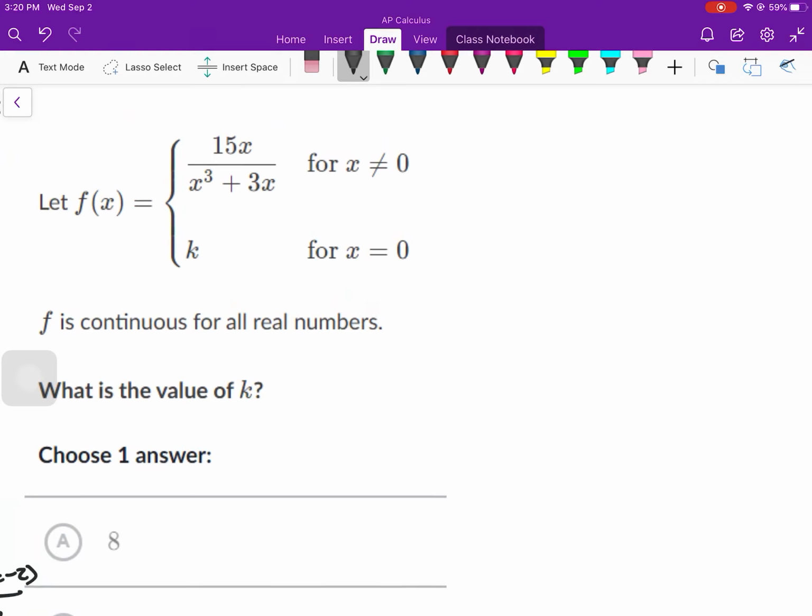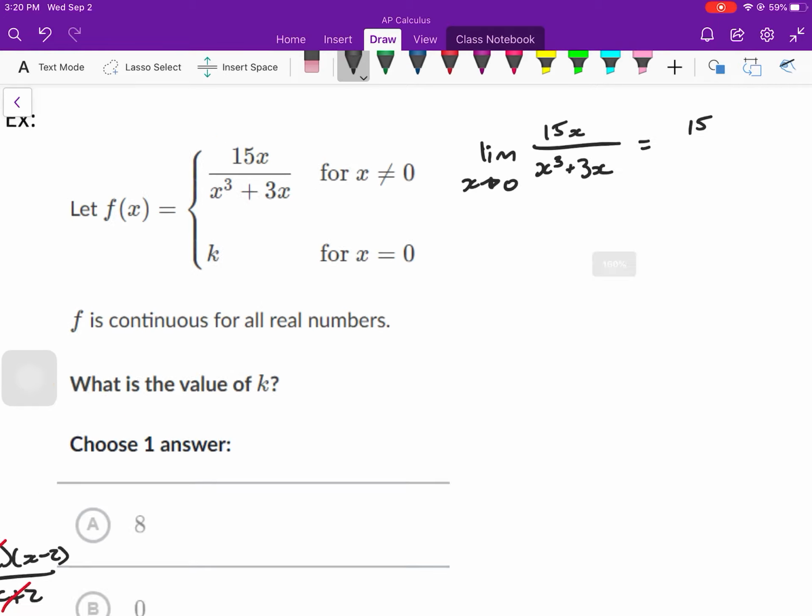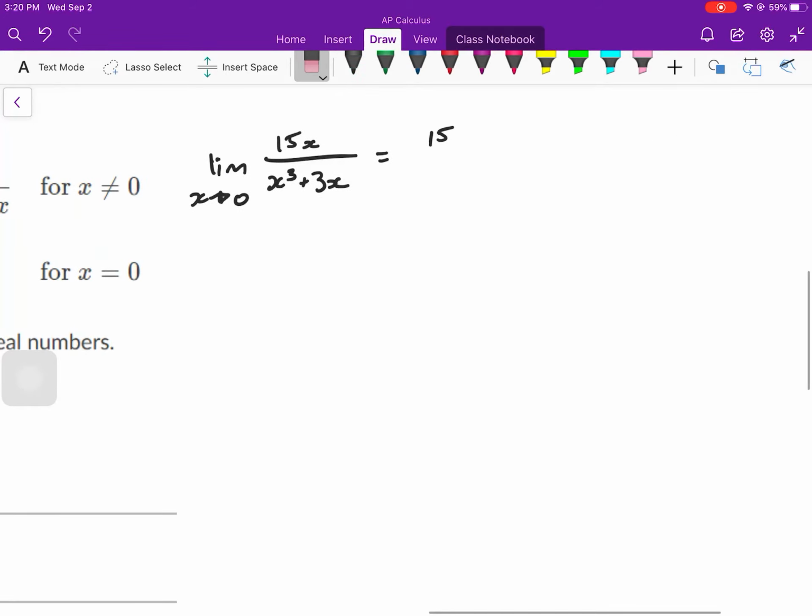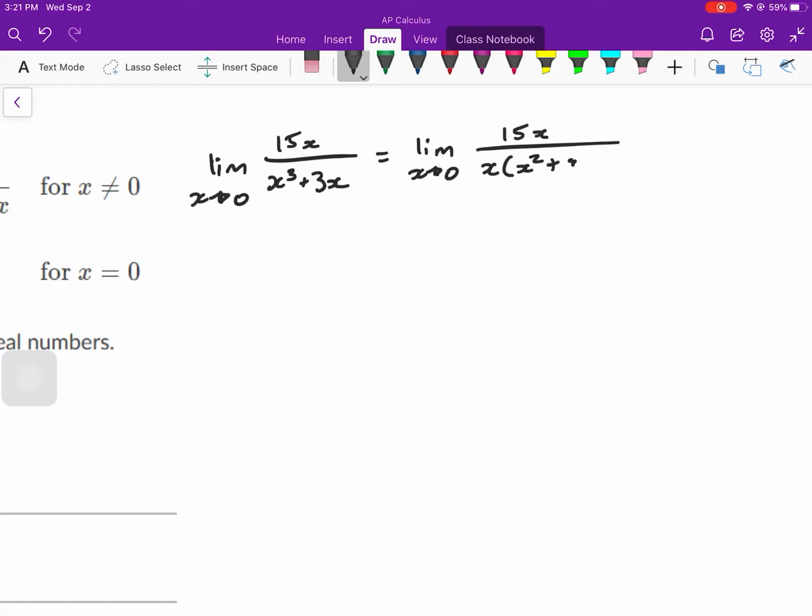If you try this one out, we're going to be doing the limit as x approaches 0. So let's go ahead and factor the x out of the bottom. Cancel it out.